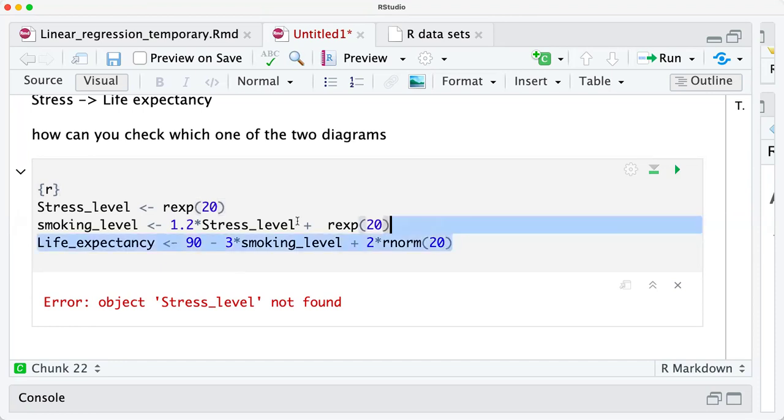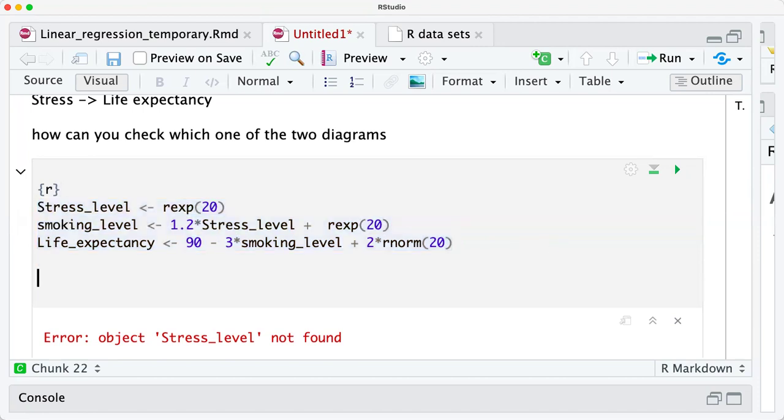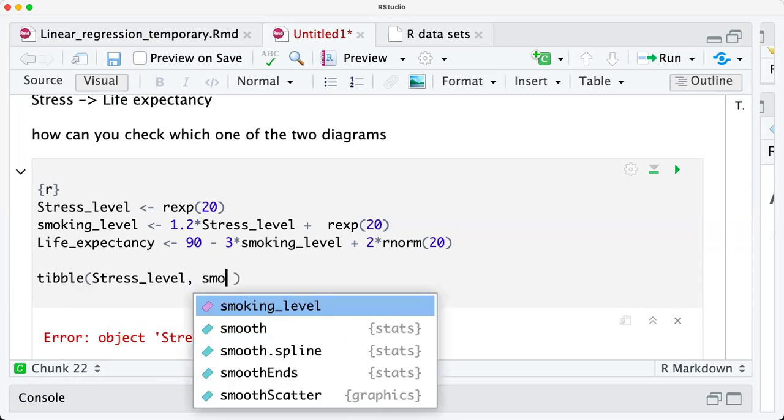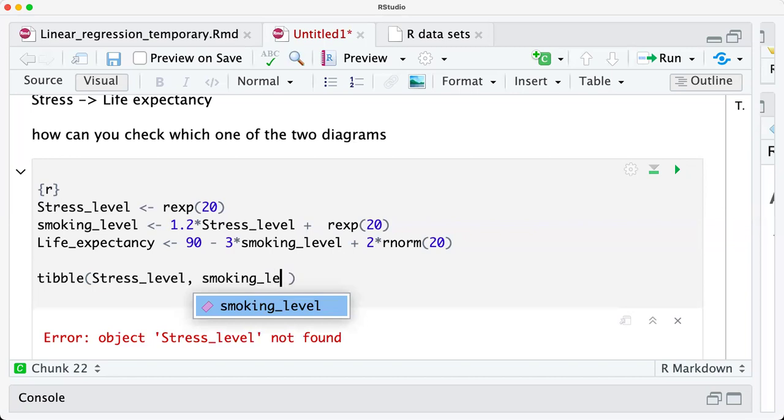And this is hidden to you, this way of generating the data. It would be like a model that you want to discover. What you observe is simply this tuple of X, which has the stress level, the smoking level, and the life expectancy.